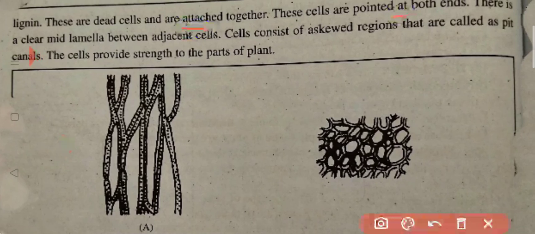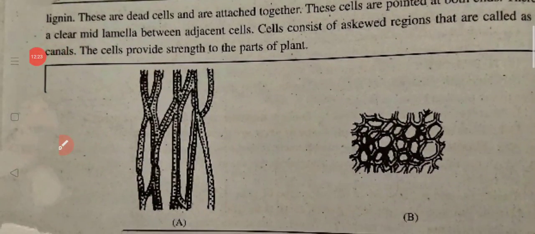There is a clear mid-lamina between the two adjacent cells. Cells consist of arched regions that are called canals, and cells provide strength to the parts of plant. Okay, Sclerenchyma, the cells of Sclerenchyma are dead and they provide strength to the parts of plants.